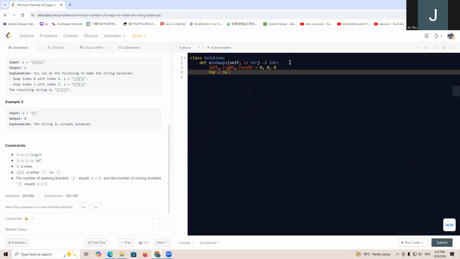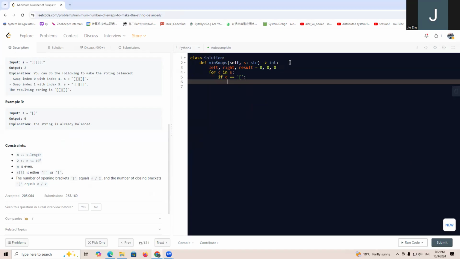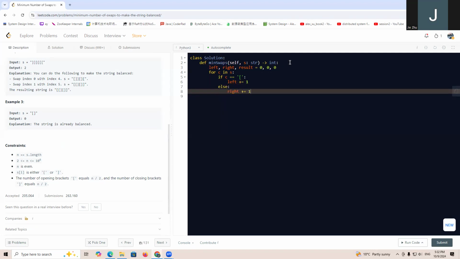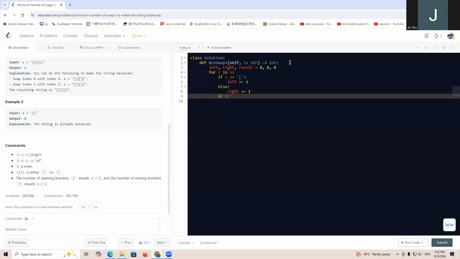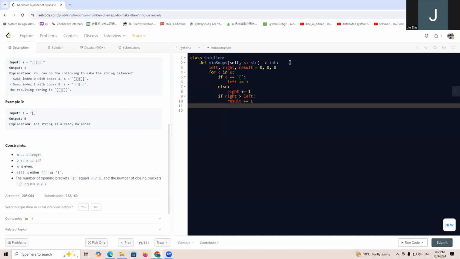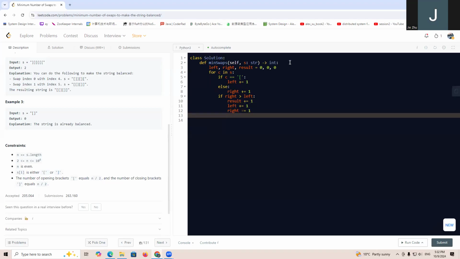For c in s, if c equals the opening bracket, left plus equal 1, and else, right plus equal 1. Then if right is greater than left, the result should plus equal 1, and we'll have left plus equal 1, right should minus equal 1. Then in the end, we return result.